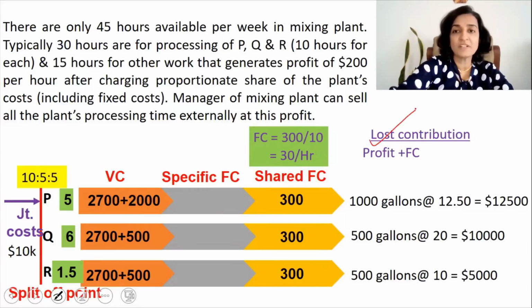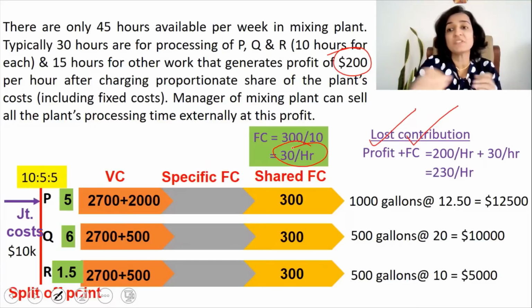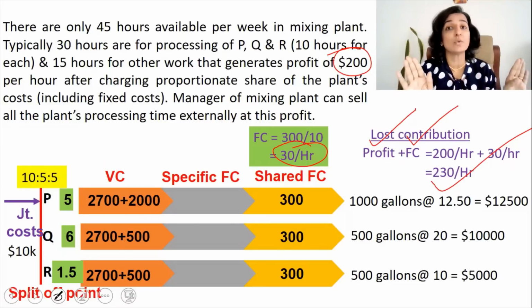So we know the profit as $200 per hour, and we have calculated the fixed cost as $30 per hour. So the lost contribution is 200 plus 30, giving an amount of 230 per hour. So if we are not further processing, we will get 230 per hour. If we are processing, then we lose that 230 per hour, lost cash inflow.